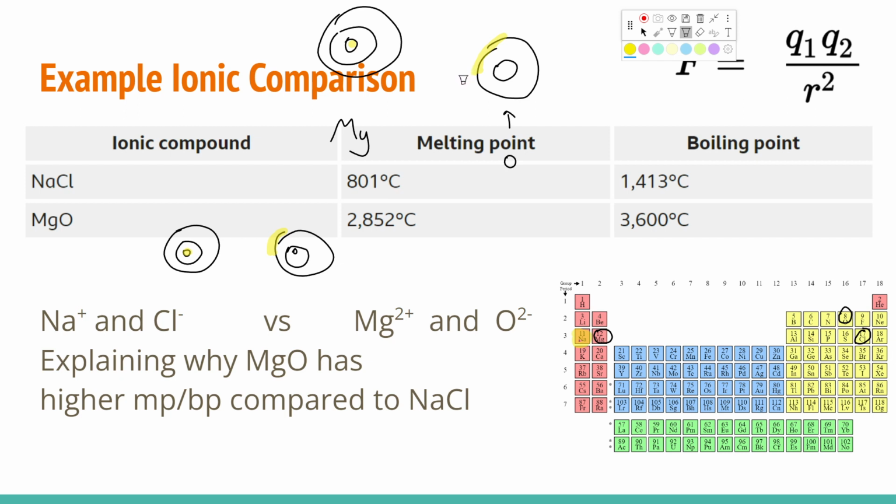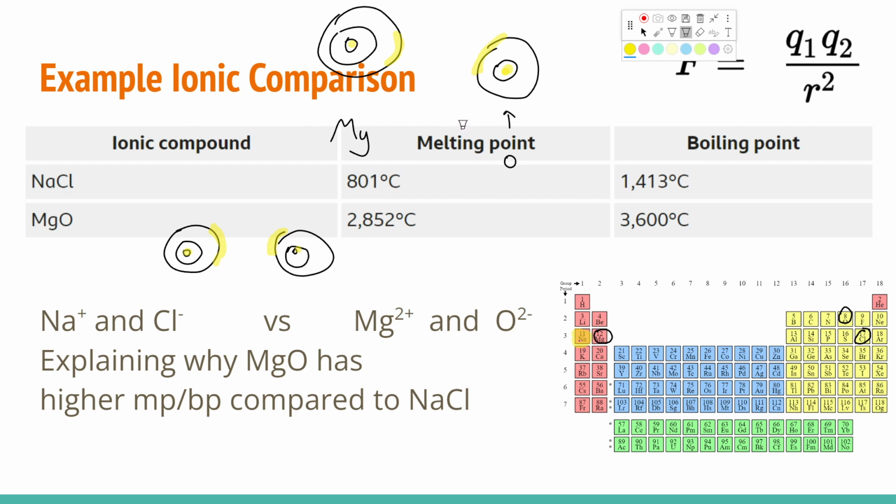Then we also can go the opposite direction. So I go from the oxygen nucleus to the outermost one on magnesium versus the chloride nucleus and the sodium valence electrons. And so, again, distance, the oxygen is smaller. And so because we have a smaller atomic radius here on oxygen compared to the chloride ion, that's the main thing.